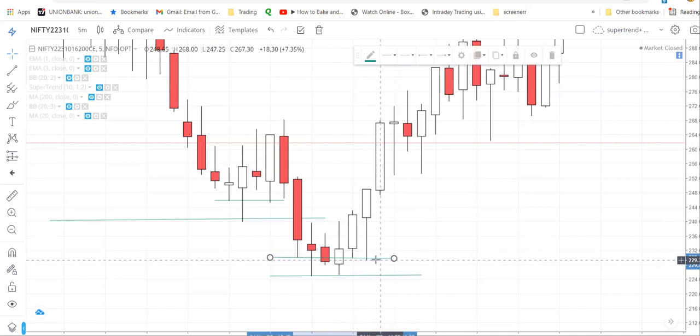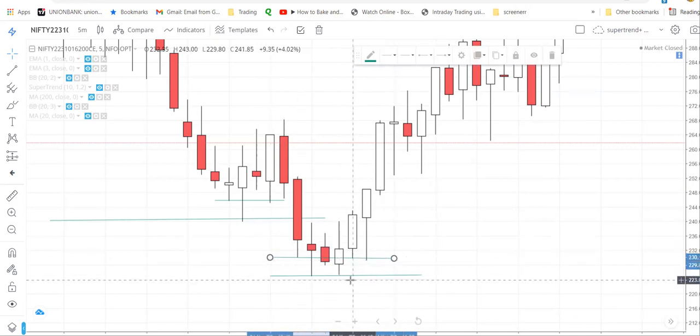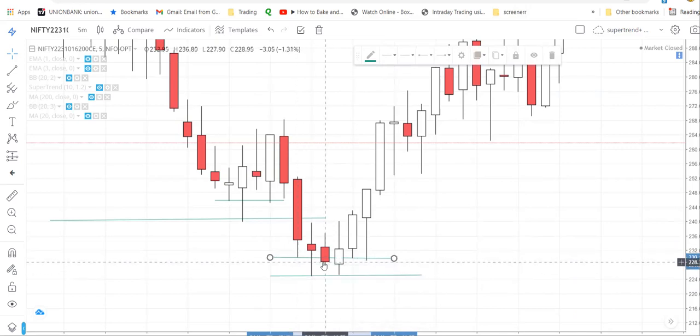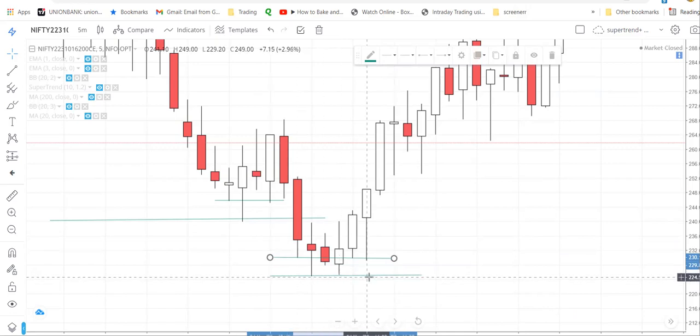So this is not the thing. You can make a wise decision by seeing the Nifty chart, and also the same pattern is repeated. You can see the lower low and higher low, and retesting of this and not breaking this low. You can buy 220, even if you buy at 227, keep the stop loss very low, 224 or 220.